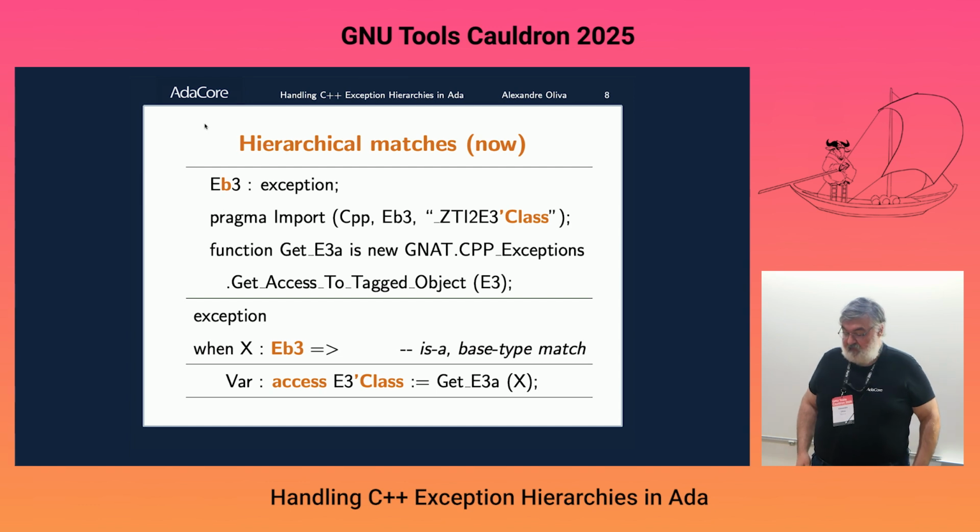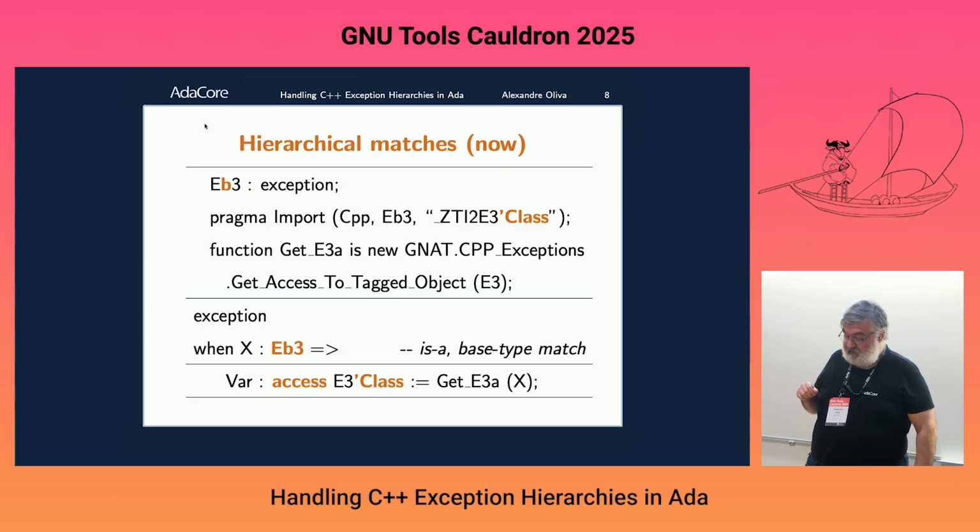But we can do better now. We can catch hierarchies. So you can declare an exception, in this case EB3, and you annotate the type info object with tick class, and that's syntax in Ada to mean this type or derived types from that.